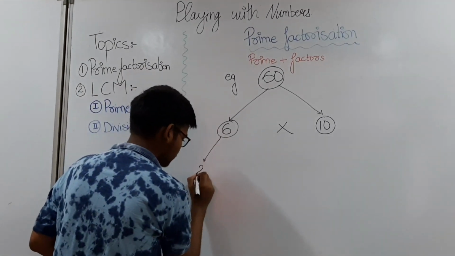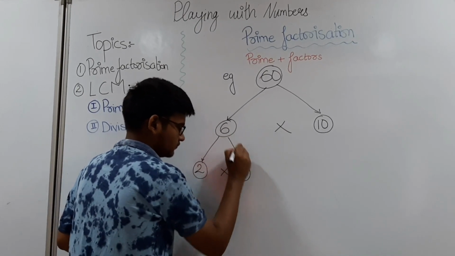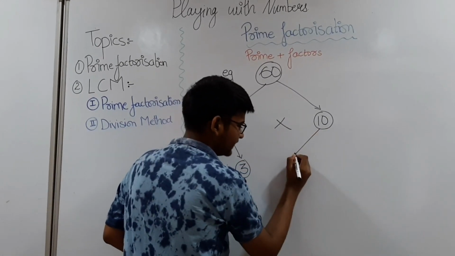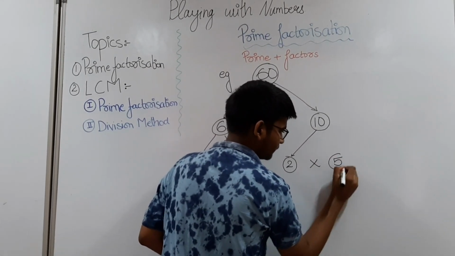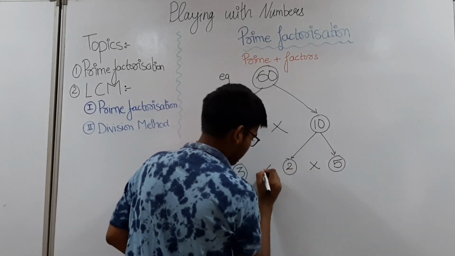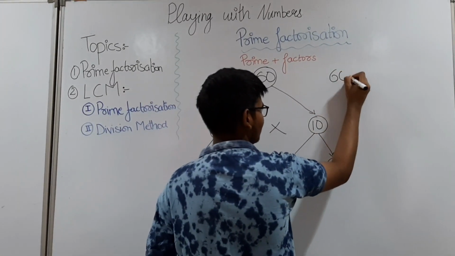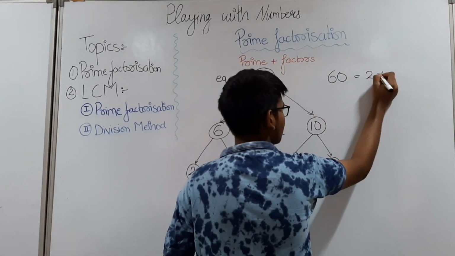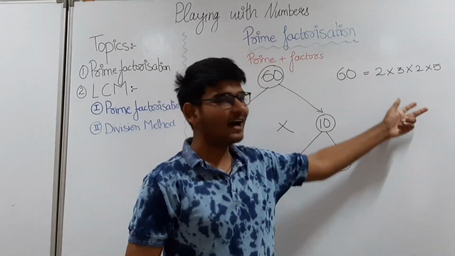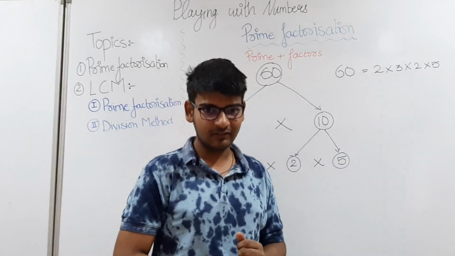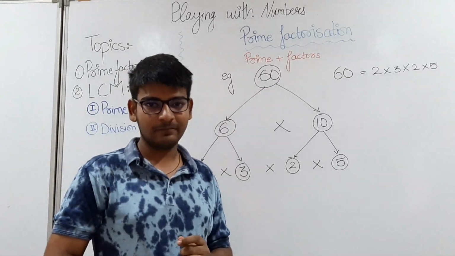That is 2 into 3, and 10 can be written as 2 into 5. So the prime factors of 60 are 2 into 3 into 2 into 5. 2, 3 and 5 are the prime factors of 60, and this whole process is known as prime factorization.